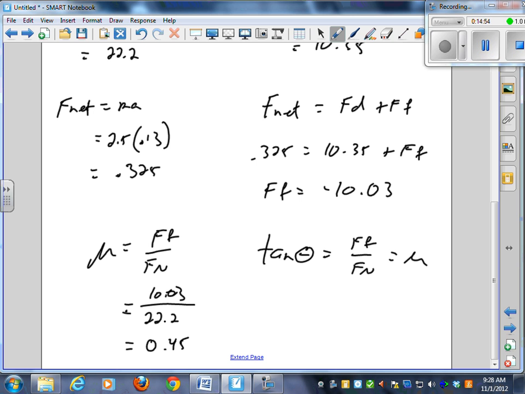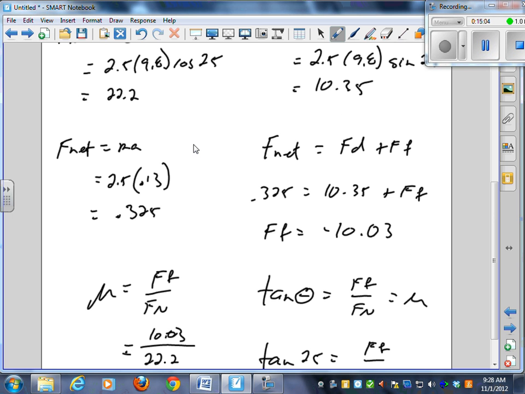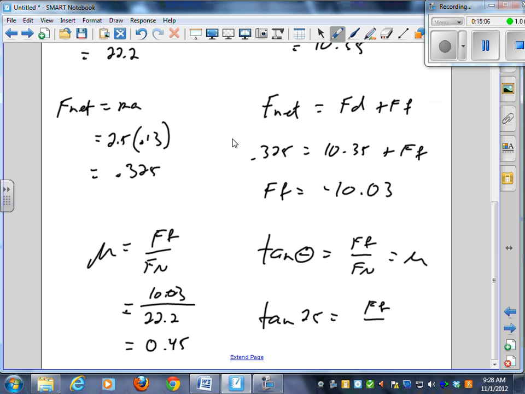Well, you're telling me when you go tan 25 equals FF over the number here, 22.2, you get an FF of just 10.35. Okay. That's because this is only true when it's frictionless. Right? This is only true when it's frictionless. So no. In short, no.